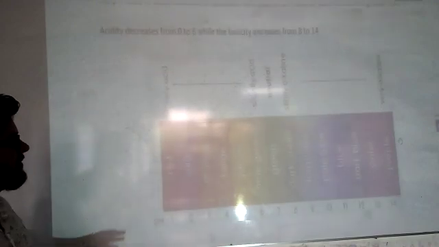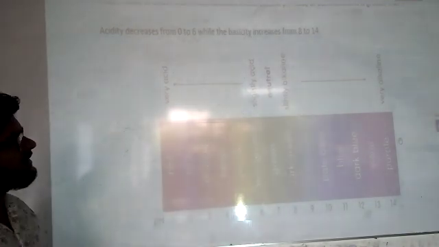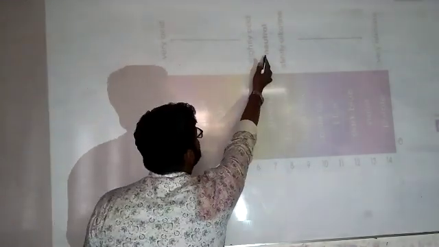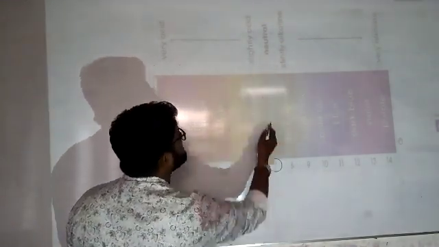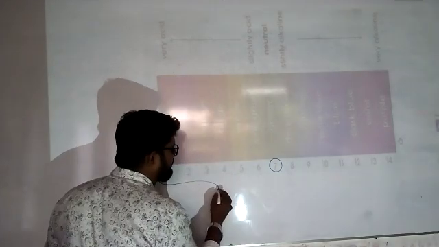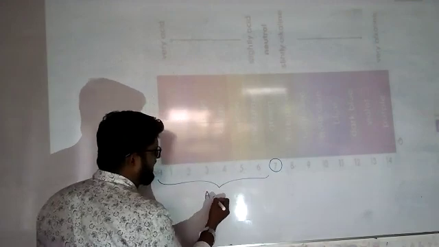What is the color? 0 to 14 numbers are there, starting from 1 here. pH 7 is neutral. Can you see? 0 to 6 or 1 to 6 when you are taking, it is acidic.